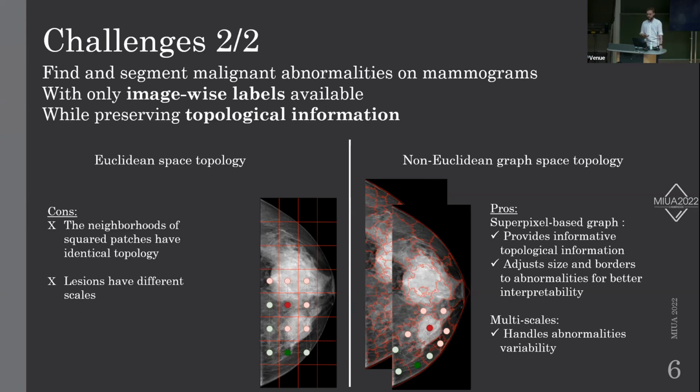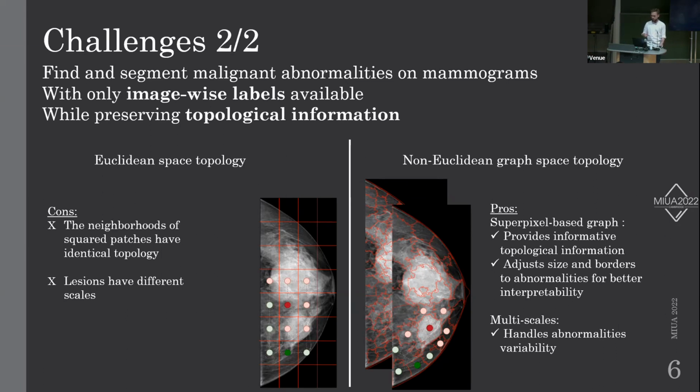On the other hand, a non-Euclidean approach using a superpixel-based graph, for example, provides informative topological information of the area of the abnormalities, of the tumors, and could adjust to the shape of abnormalities.